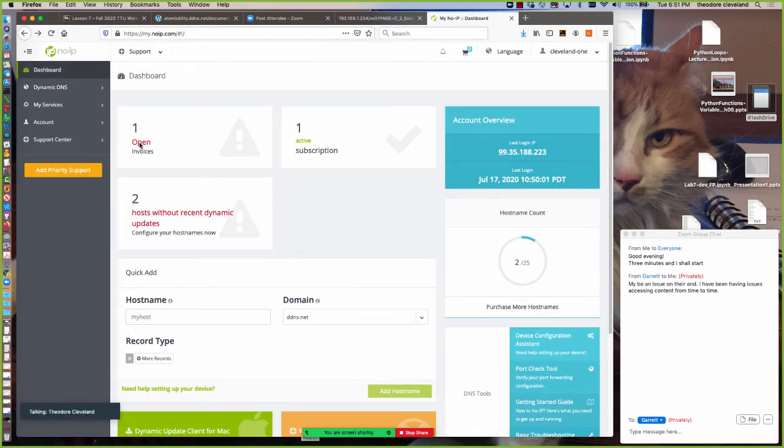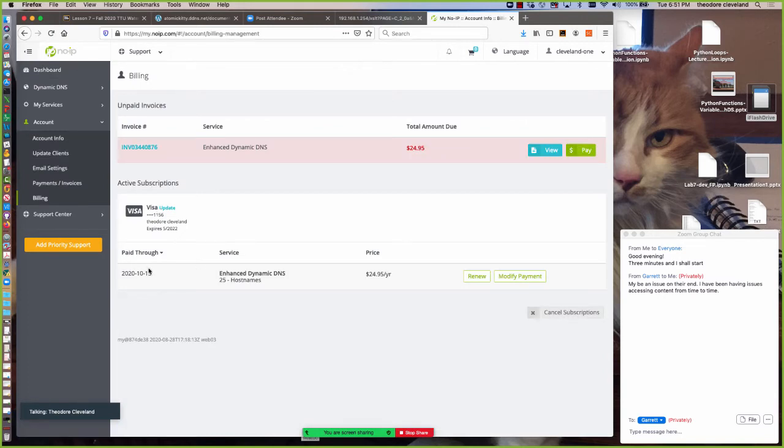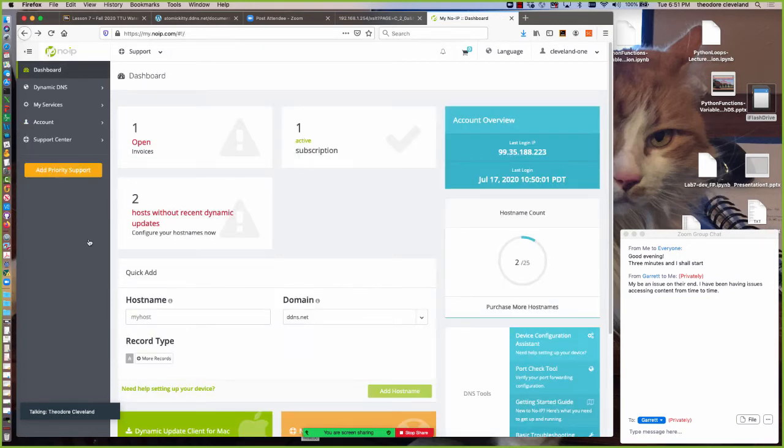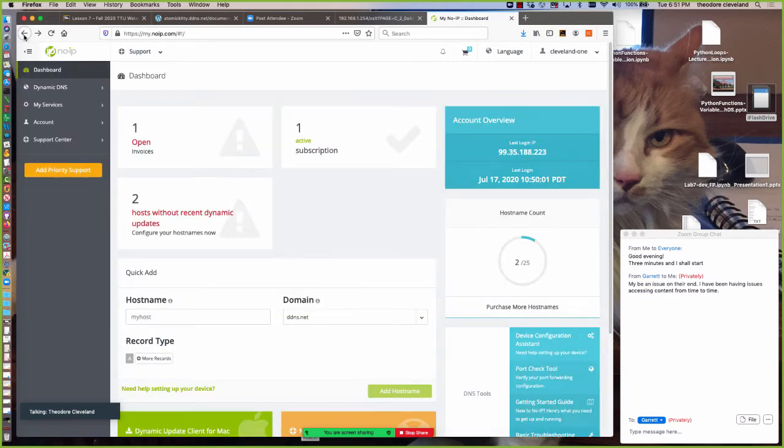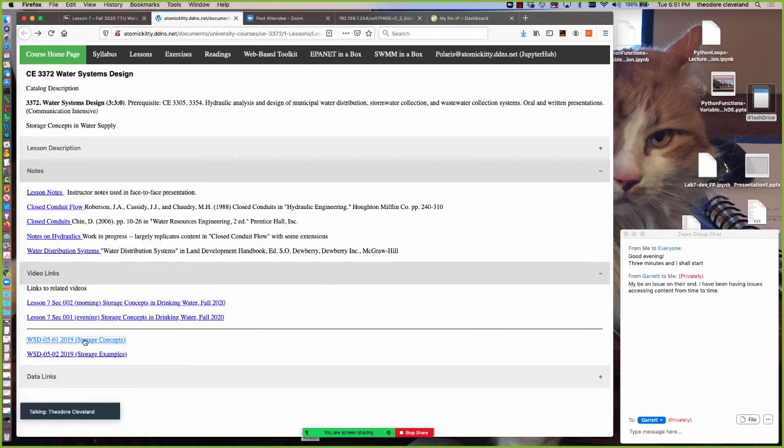They claim I have an open invoice, but I'm paid through October, so that shouldn't be why they would deny service. And they refuse to accept both my credit cards, so I have a feeling there's something going on their end. And then they're claiming I don't have dynamic updates, when in fact these were done 10 minutes ago. So this may be the end of the lesson today, but let's see what happens.